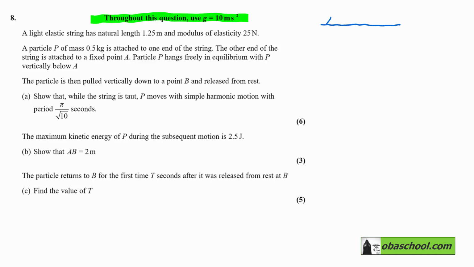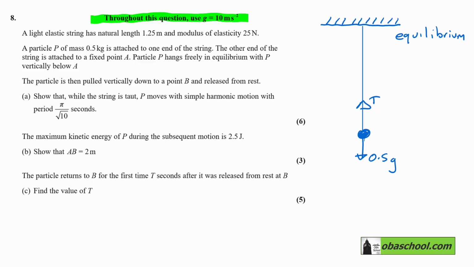So, what I've got here is my point of suspension, and I've got my particle hanging down here, and its mass is 0.5, so therefore we've got 0.5 g force that way, we've got tension that way, and this is our situation at equilibrium.